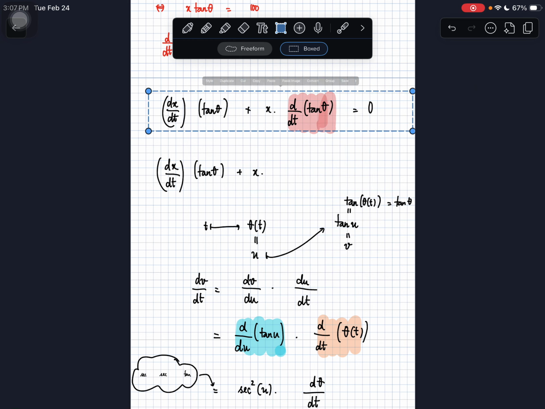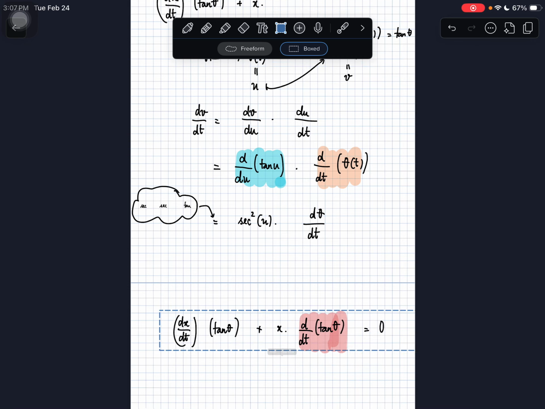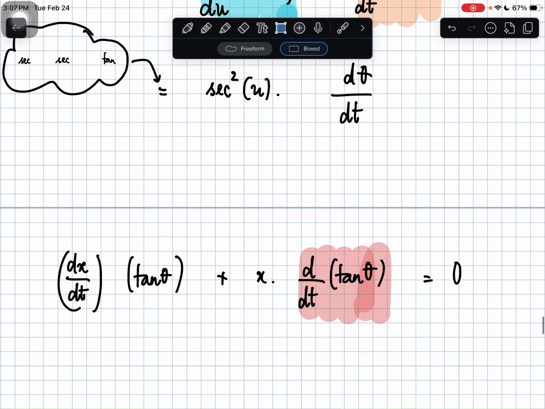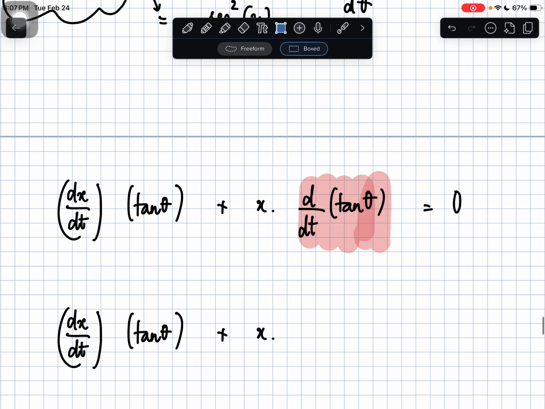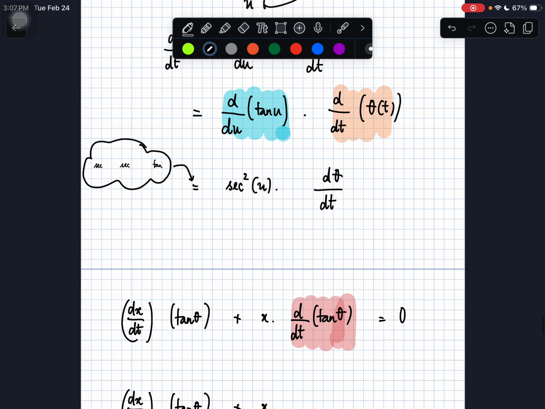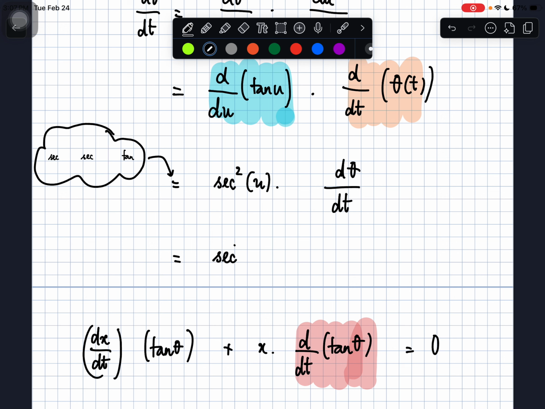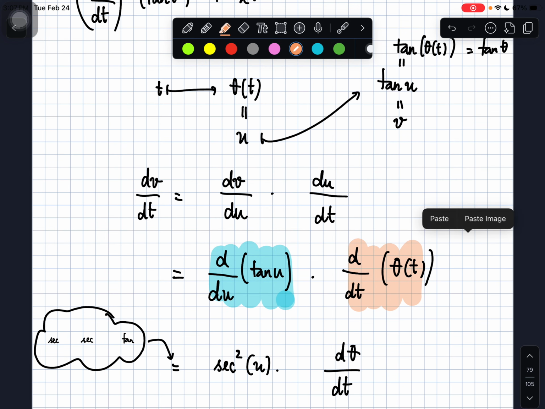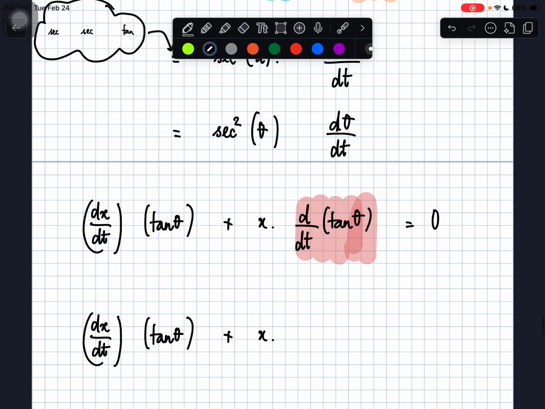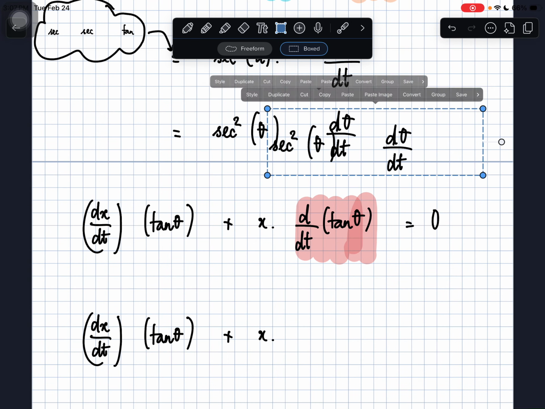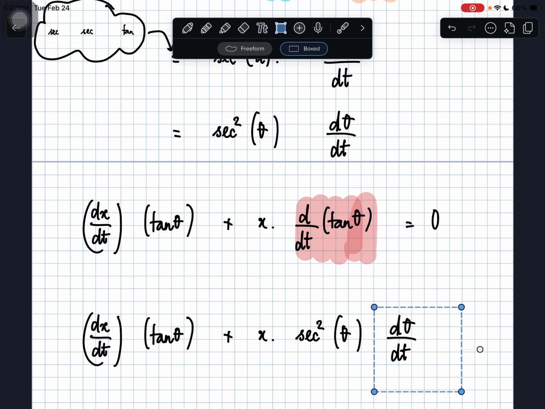Let's rewrite this. After we do the chain rule, we know that the left hand side is dx over dt times tangent theta plus x times secant square of theta, times d theta over dt, equal to 0.